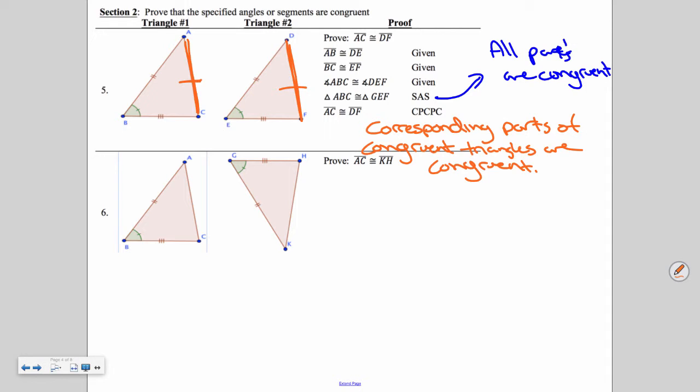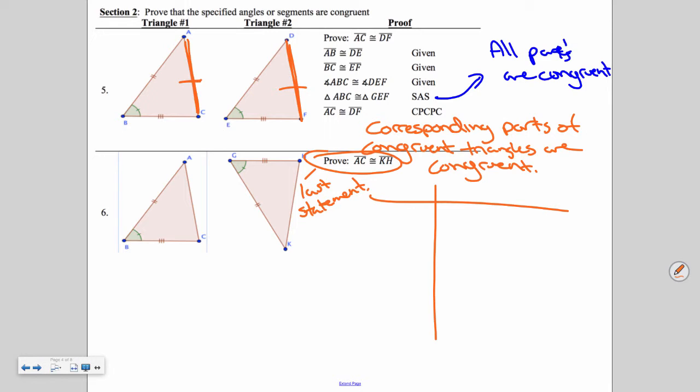Let's do example 6. So I'm proving AC is congruent to KH. So it's the same process that I'm going to do for example 5 here. This is going to be my last statement. So now I start off with what is given.